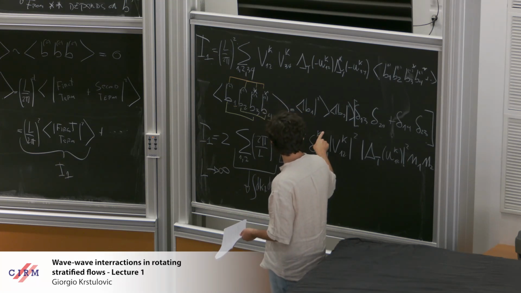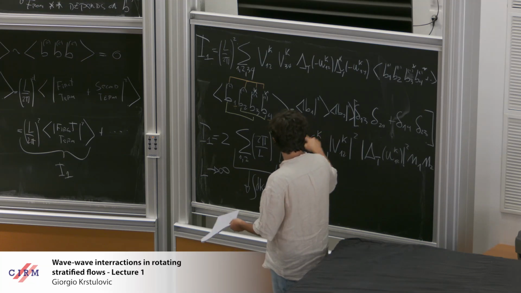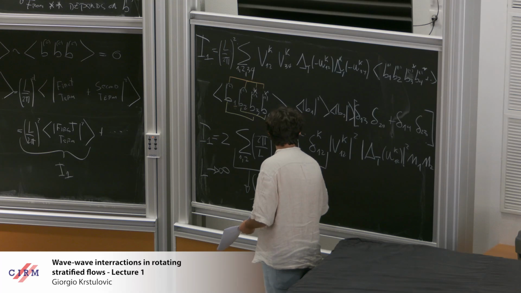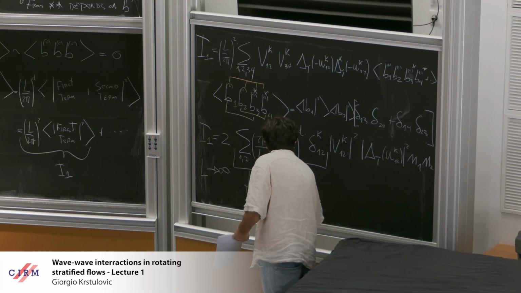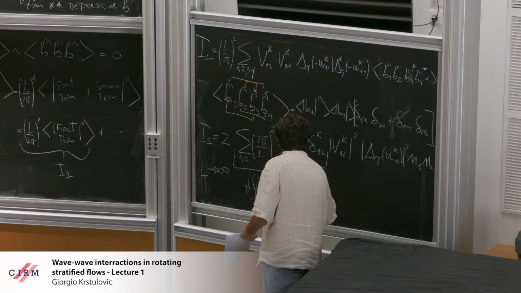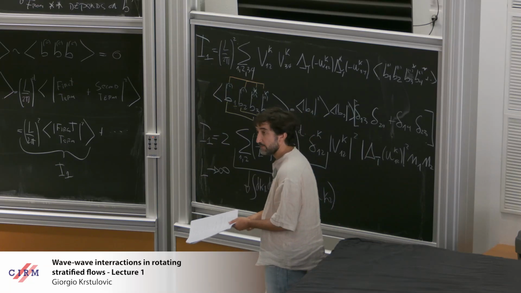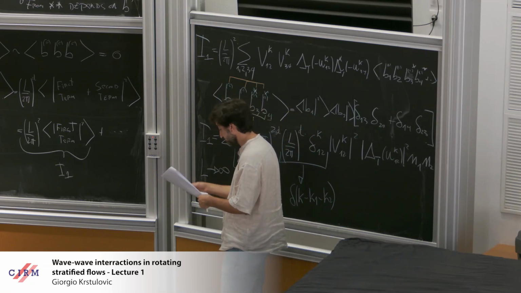This is 0 if k is not equal to k1 plus k2, and it goes like L to the d, so it has integral 1. So this gives me a delta of k minus k1 minus k2. And this is my first term.